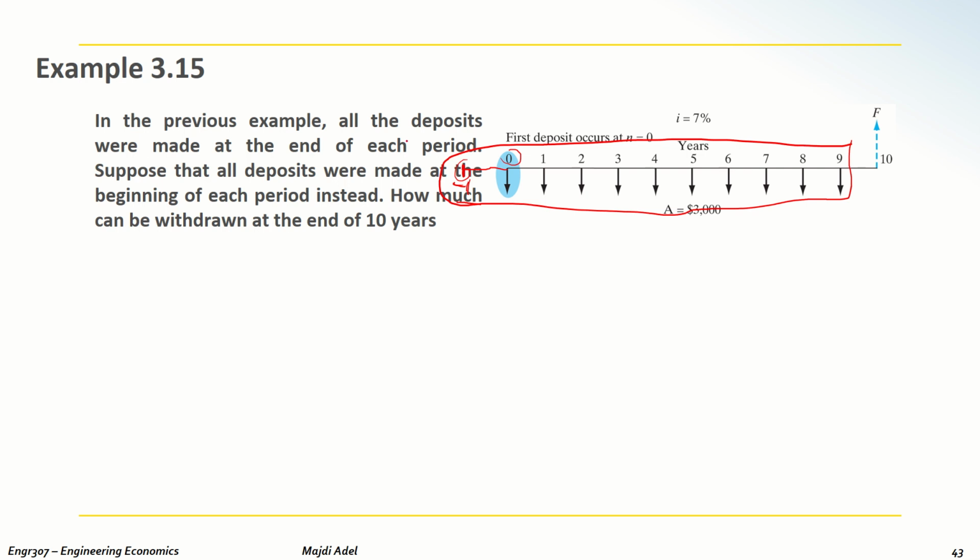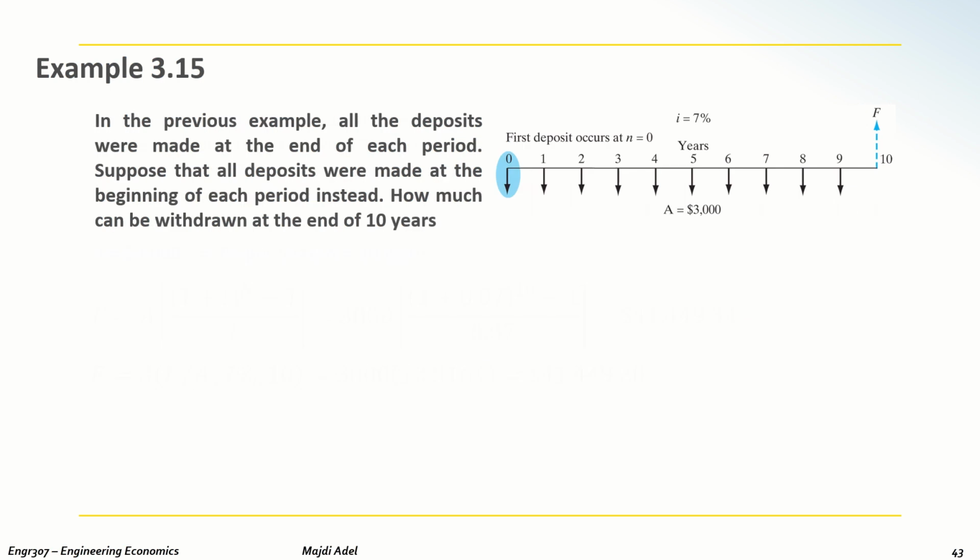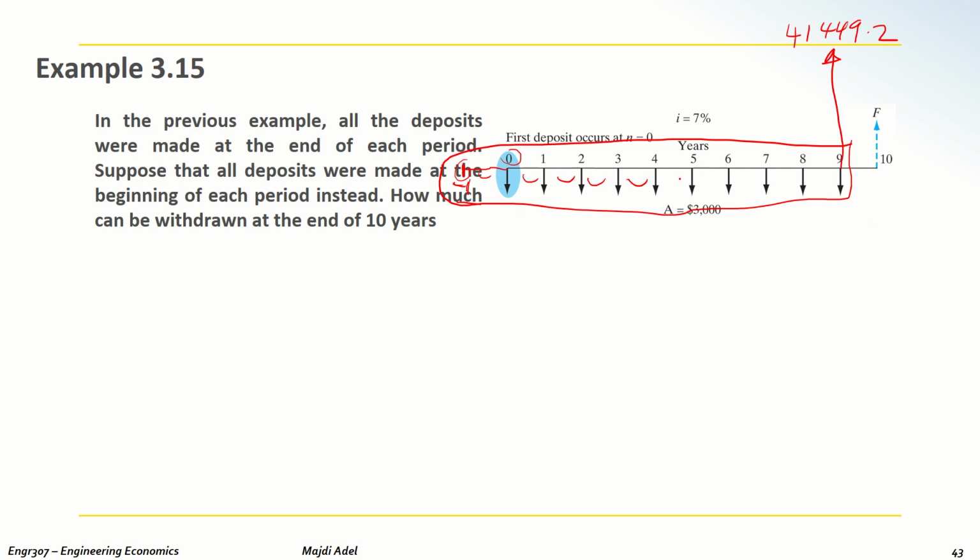For this cash flow, if I calculate the future value at n equals 9, I will have the same answer as the previous part, 41,449.2, because I have 10 interest periods, 1, 2, 3, 4, 5, 6, 7, 8, 9, 10.